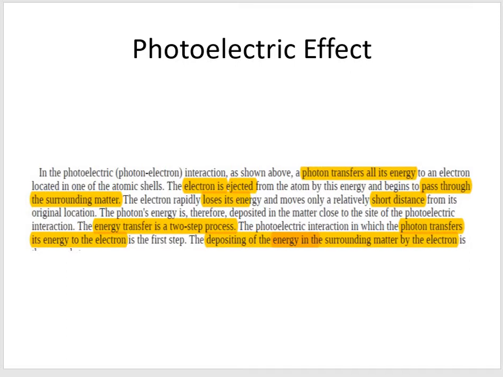The photoelectric effect can only occur if the incoming photon has an energy exceeding the binding energy of the electron of that particular shell. So it must have more energy than the binding energy of the electron that it wants to eject.